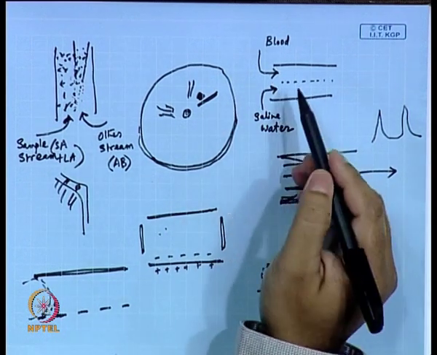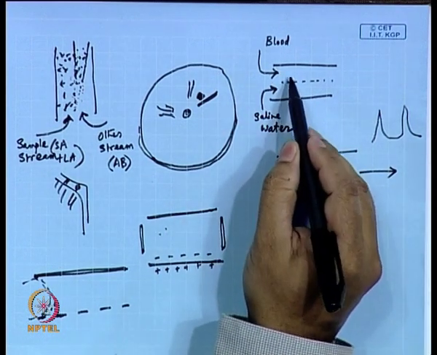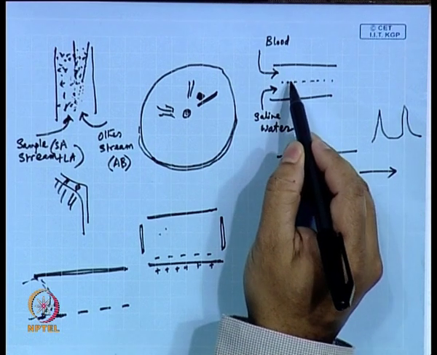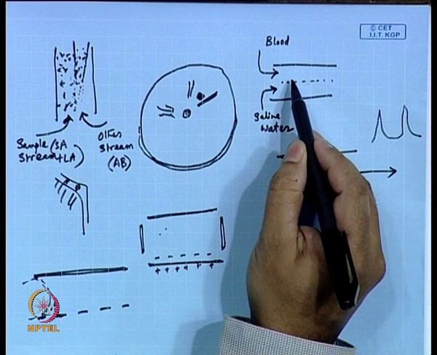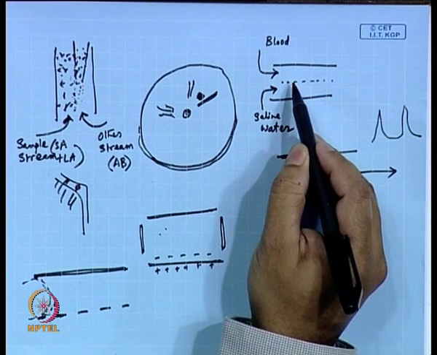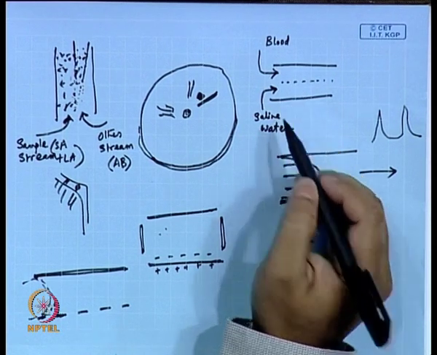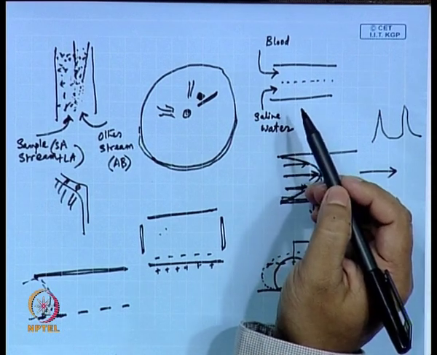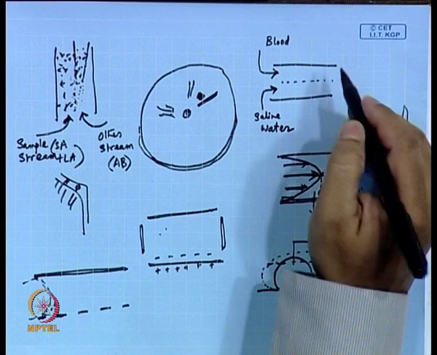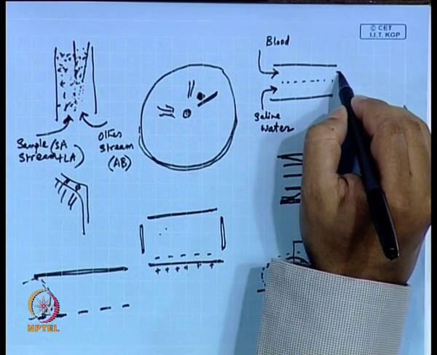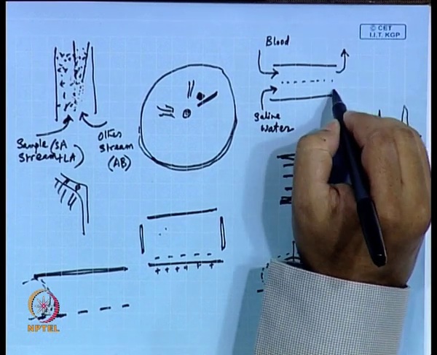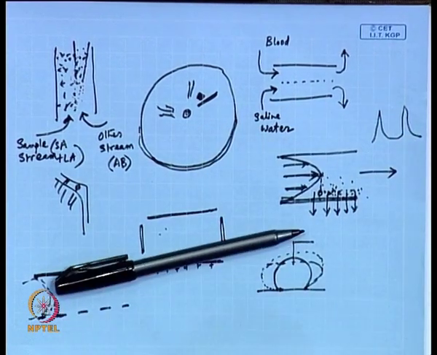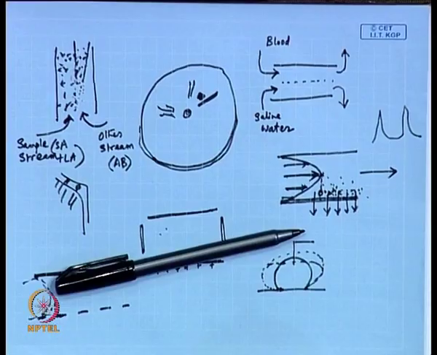The smaller components, smaller particles in blood, will find it very easy to diffuse into the water stream, whereas for larger ones the diffusion will not be easy. So, if you collect these two streams out, you split the two flows into two reservoirs.